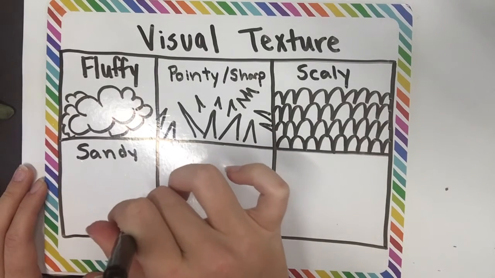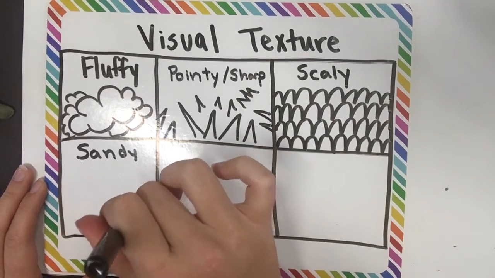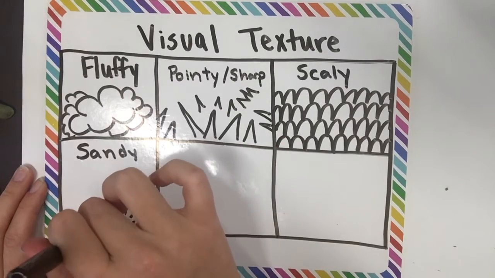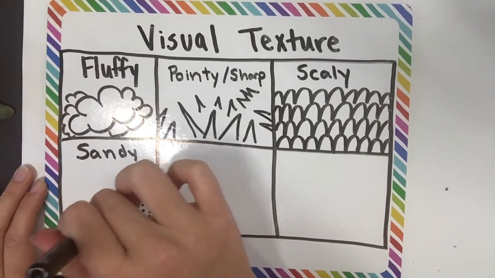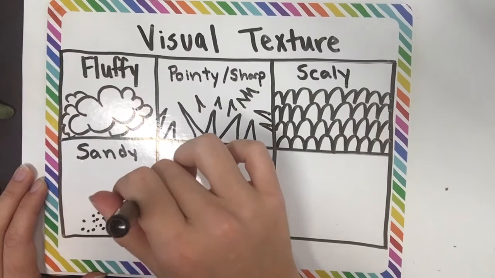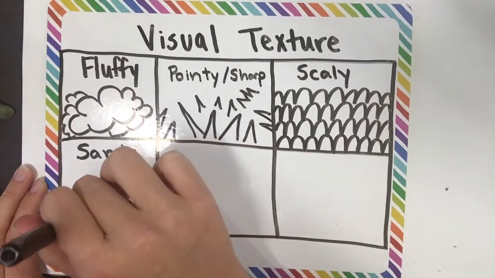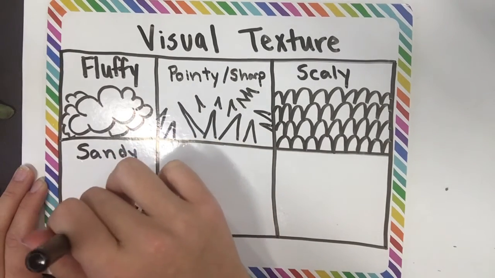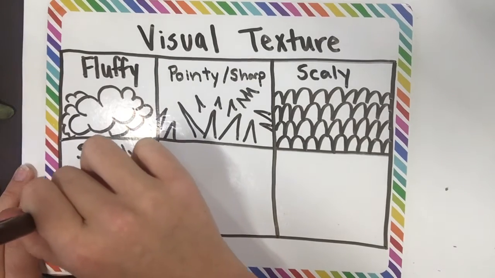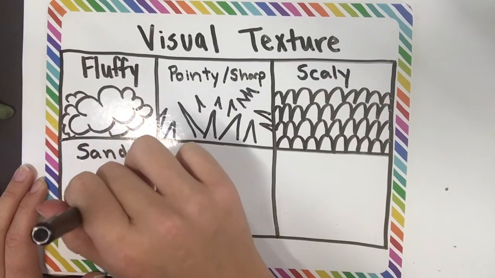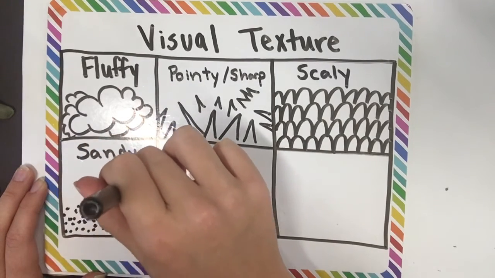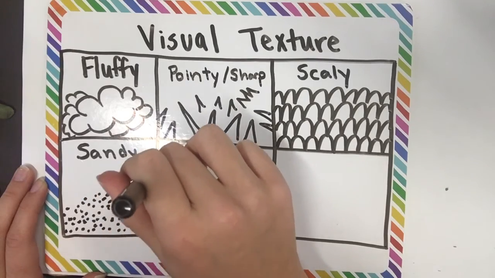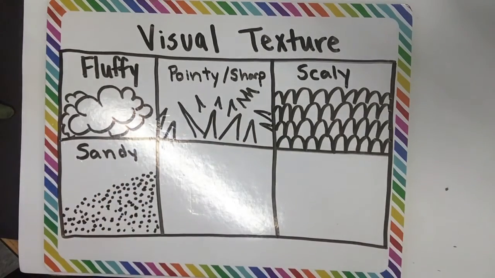Notice when I make dots, I'm not pressing my marker down really hard. I'm not hitting my board. Just very lightly kind of sprinkling around these dots to create this kind of sandy texture. You could use this if you're drawing a beach, sandpaper, something that would have some grit to it. Sandy.